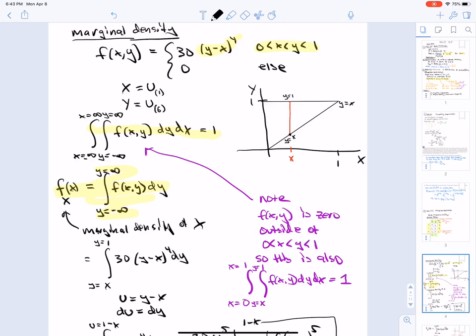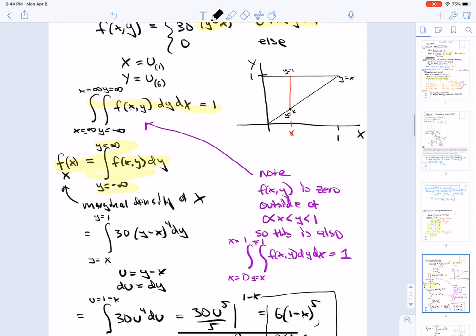But because the support of this joint density is just the triangle in the picture on the right, we can say that the integral for x between 0 and 1 and y from x to 1 of the joint is 1.